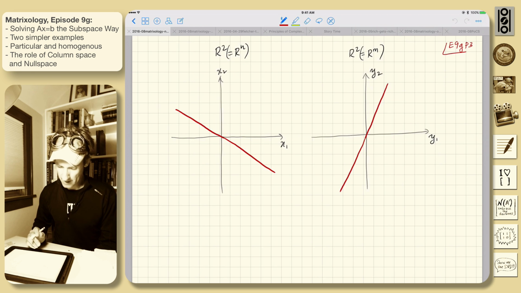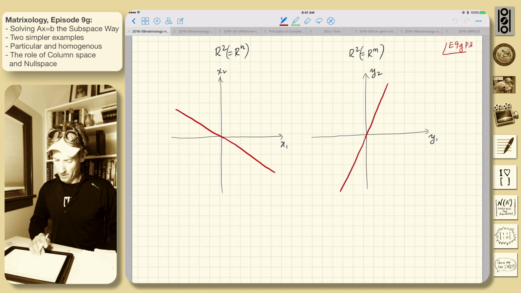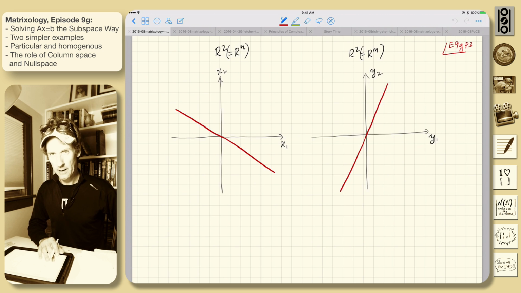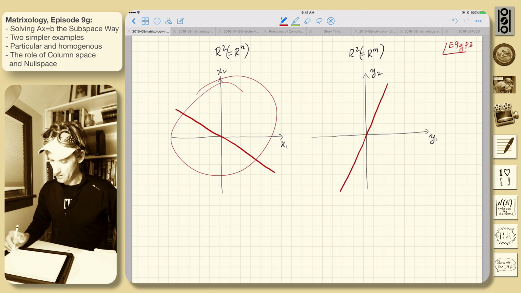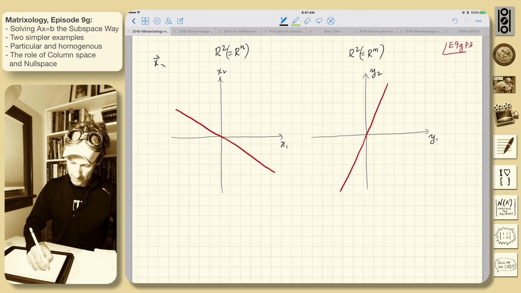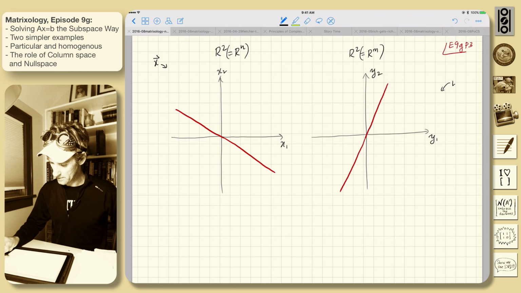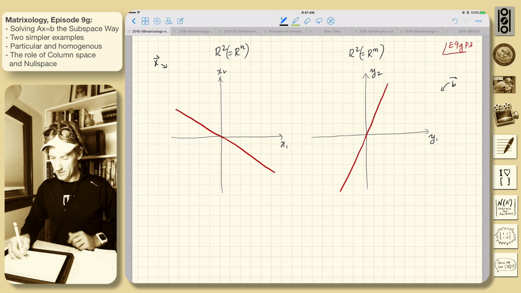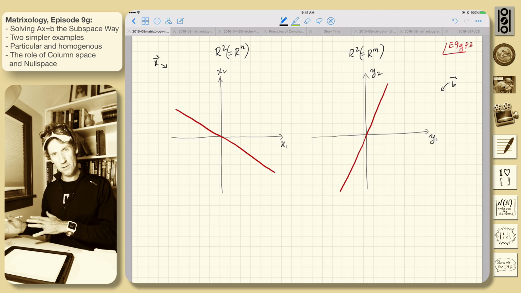Okay, so this is where x lives on the left, right? So x lives here, b lives here, and A sends x's across to b.